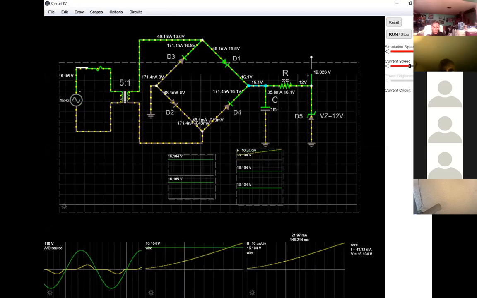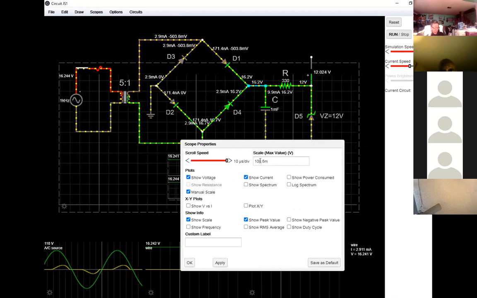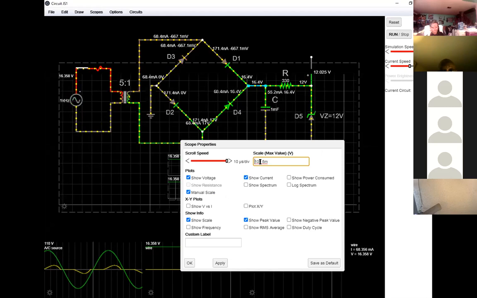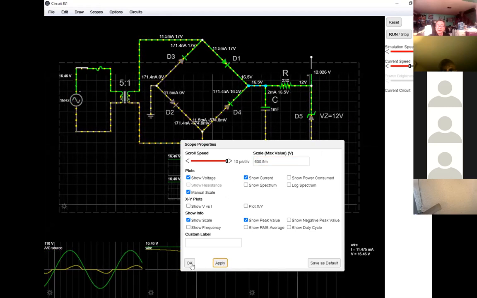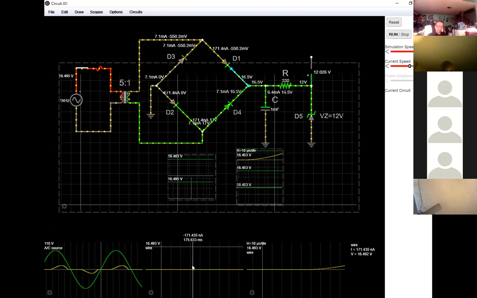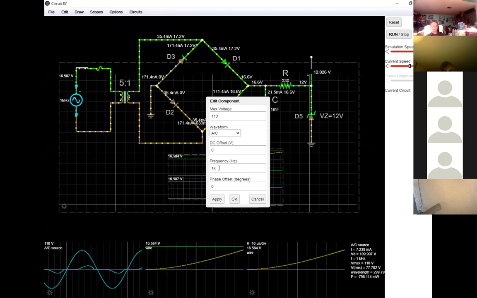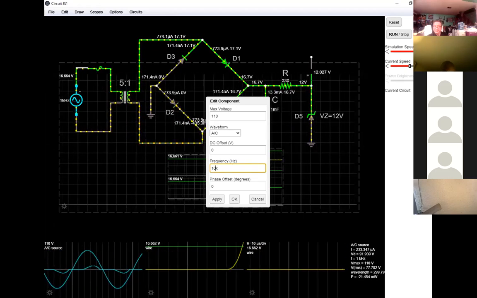On the assignment I just sent out, you can exercise on that. In one I set the small value of the capacitor and the other one bigger, so you can see how ripple can be affected.